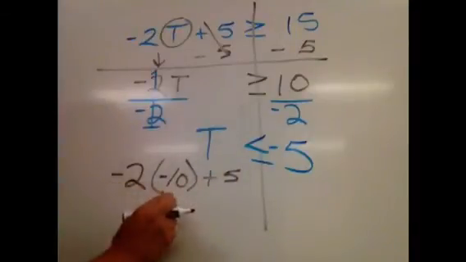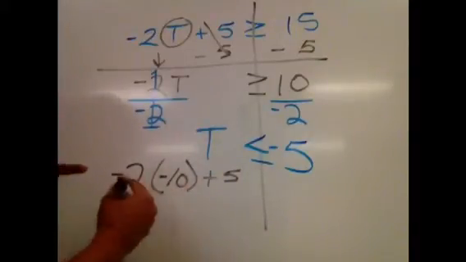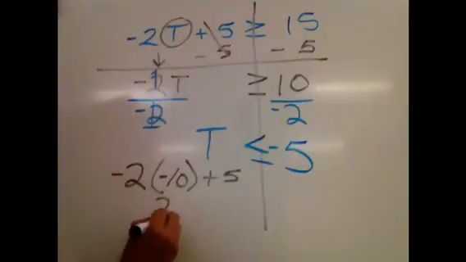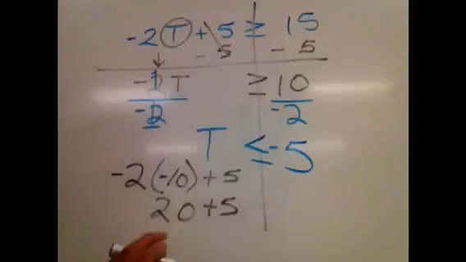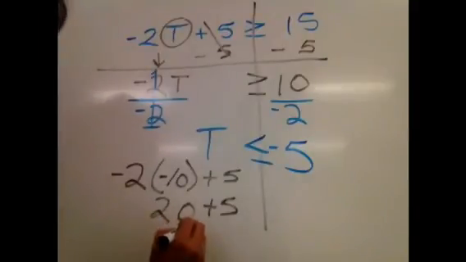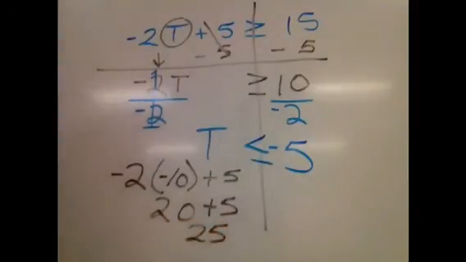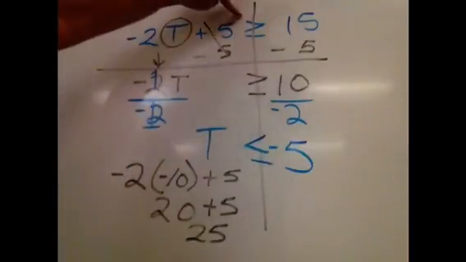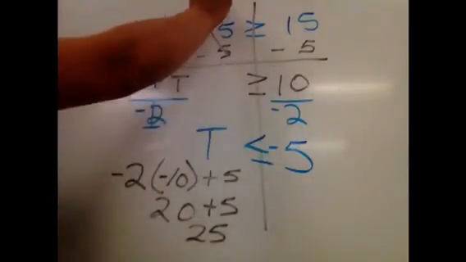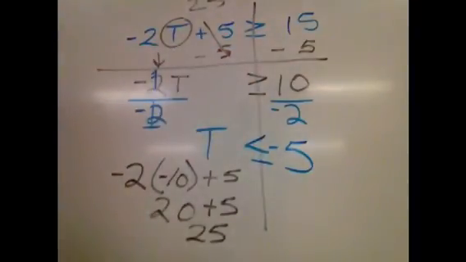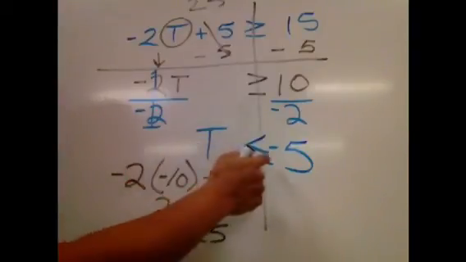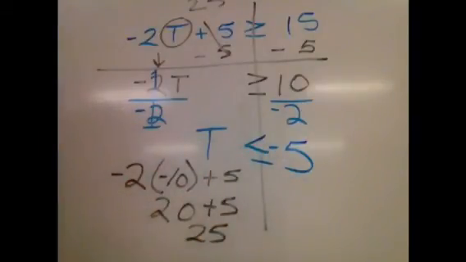Negative 2 times negative 10 gives us a positive 20. 20 plus 5 is 25. You know what? 25 is greater than or equal to 15. It's greater. It's a bigger number. All right. So that means that this works when the numbers are less than or equal to negative 5.